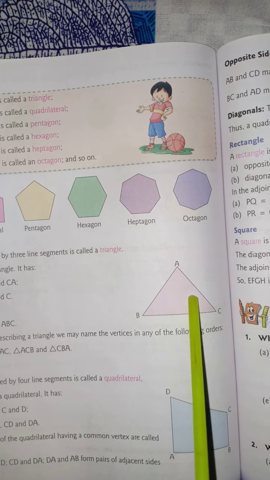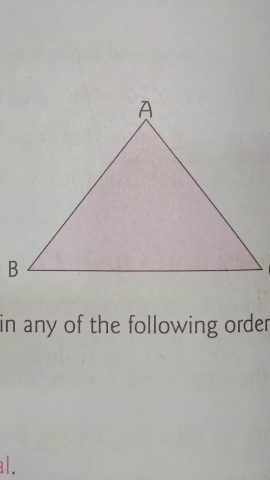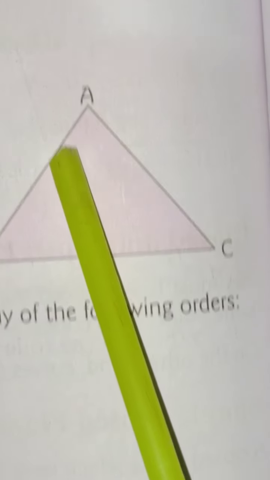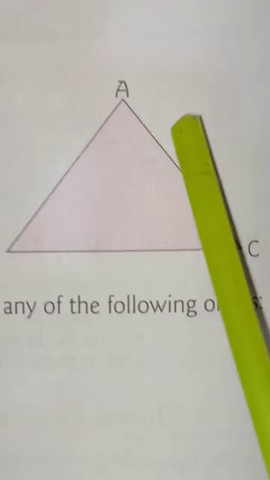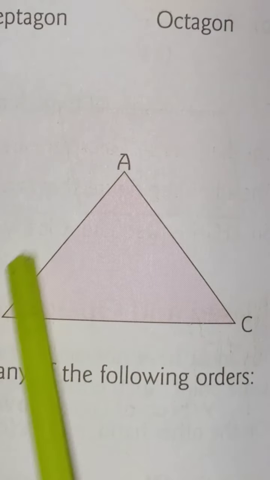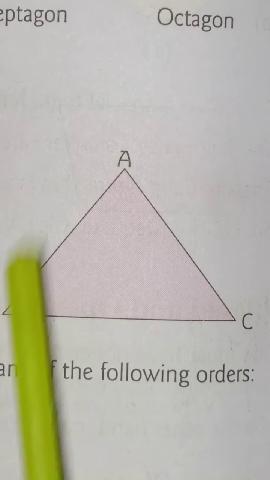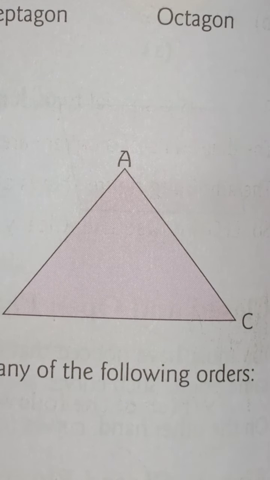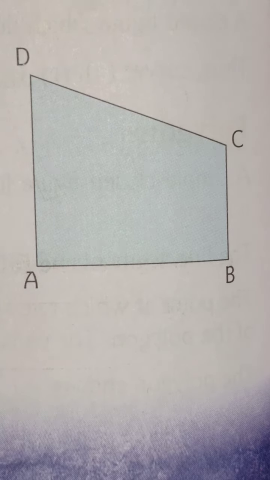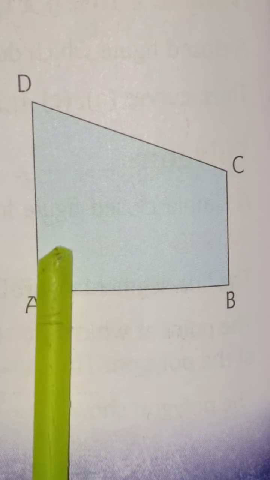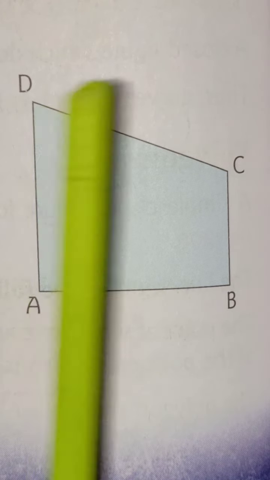This is a triangle. It has 3 sides. How many sides? 3 sides. What are these? AB, BC, CA. The 3 vertices are A, B, and C. This one is a quadrilateral.